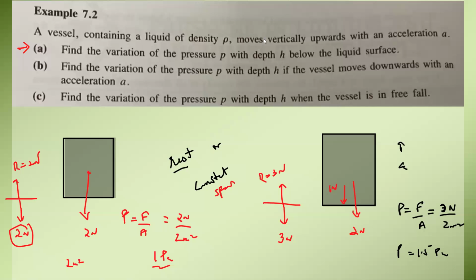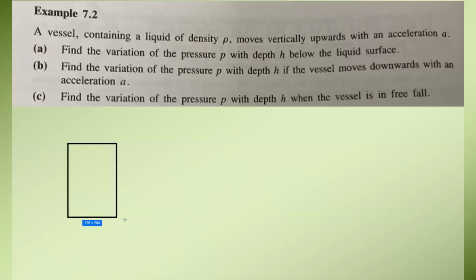And the last example is if it is accelerating down, with the same amount of liquid. Say the weight of the liquid is 2 Newtons and it is accelerating down.